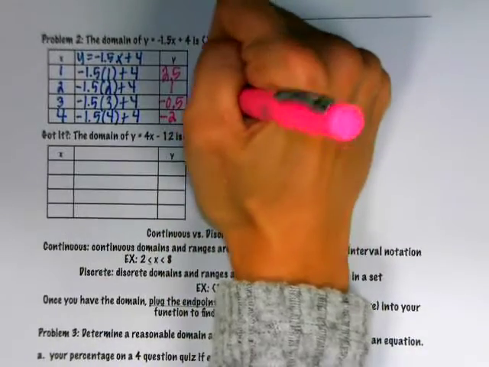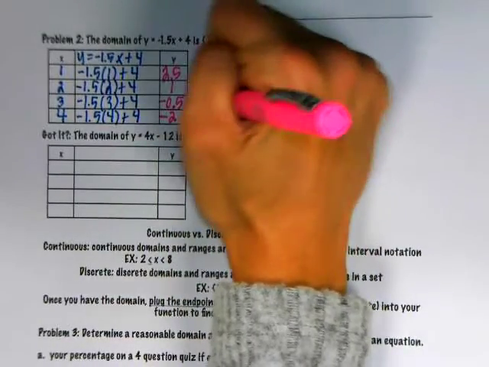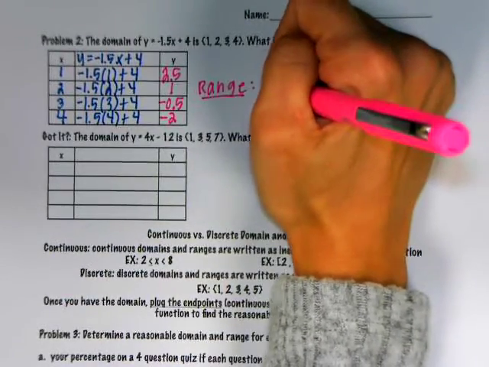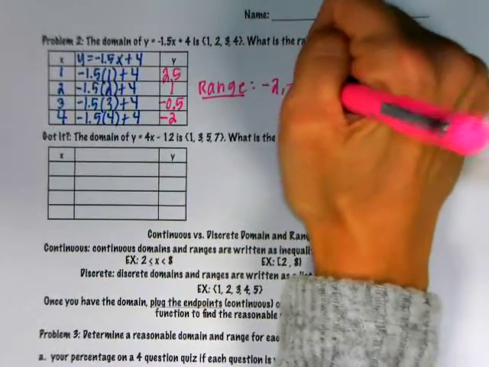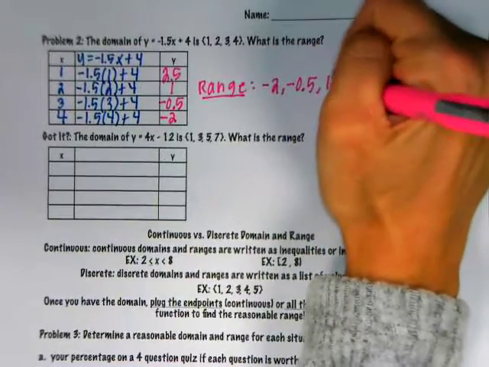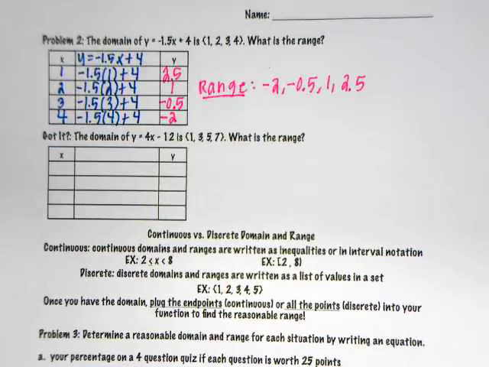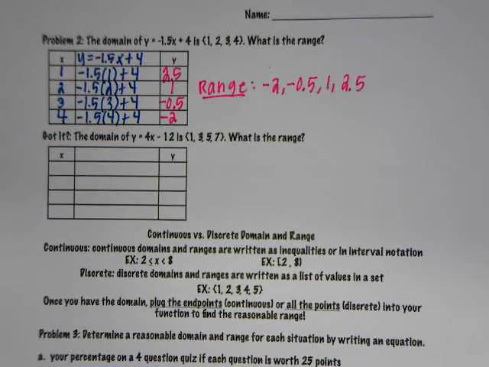Okay, so when you're listing out your range, you just want to put it in order. So what order am I going to write that in? Negative 2, negative 0.5, 1, 2.5. Yep. Correct. Make sense? Go ahead and do the next one. It gives you the x values to use.